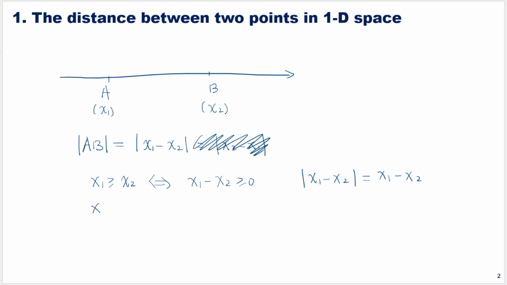Otherwise, if x1 is less than or equal to x2, which means x1 minus x2 is less than or equal to 0, then the absolute value of x1 minus x2 equals the opposite number, which is negative (x1 minus x2), and this is x2 minus x1, right? Any questions?